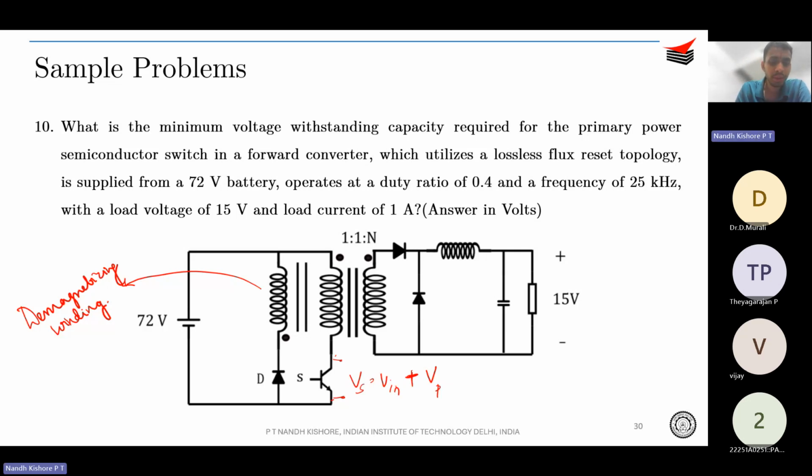In the problem, they have given D, that is 0.4, and they have also given V naught, that is 15 volts.